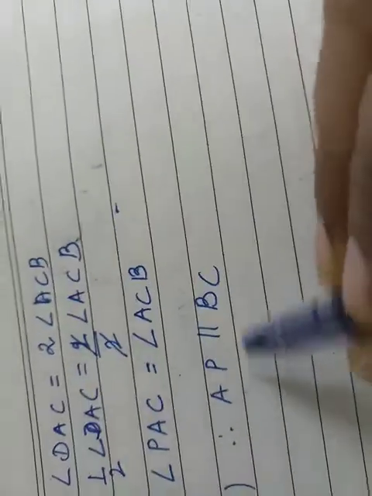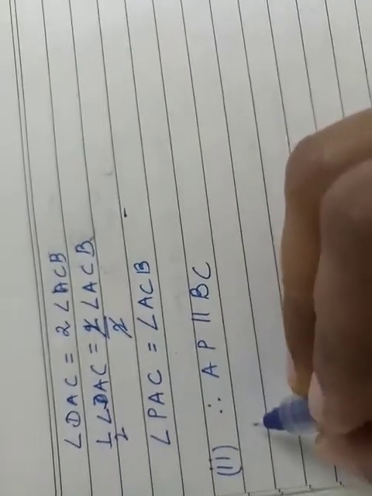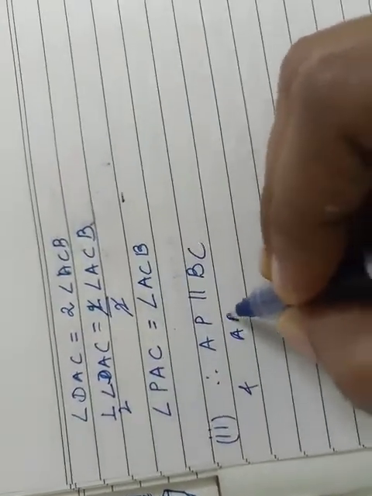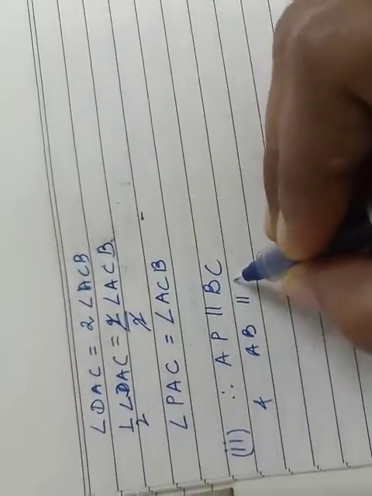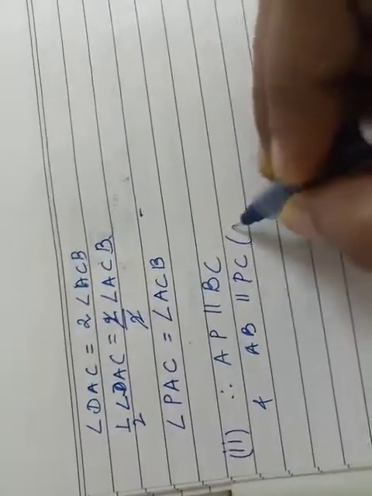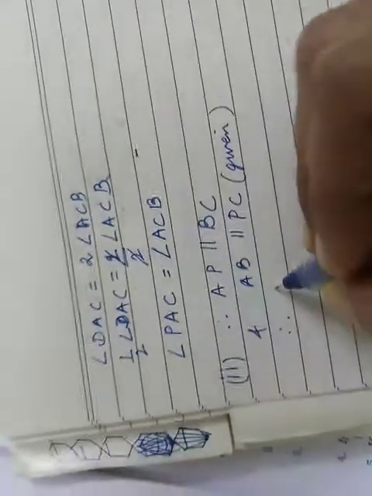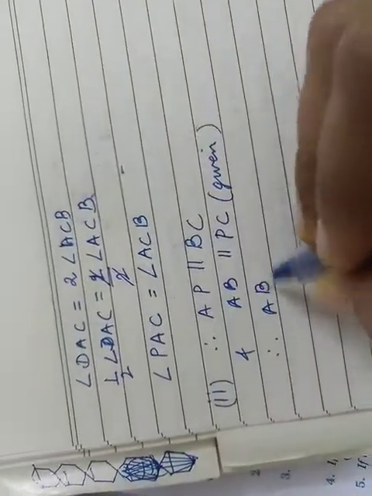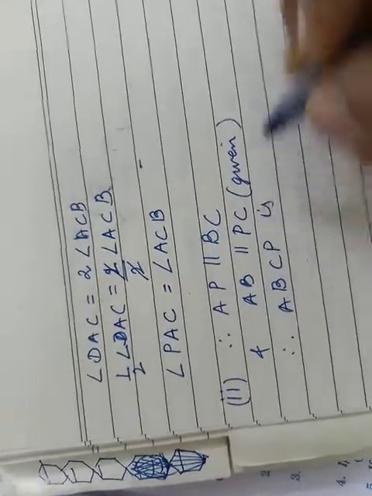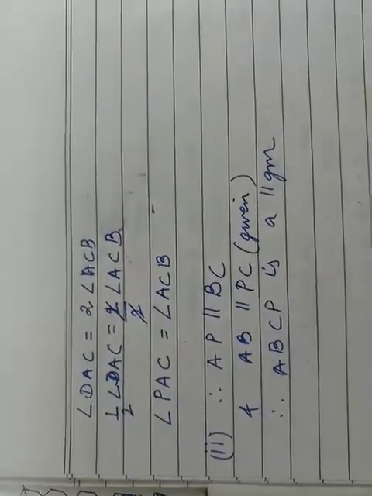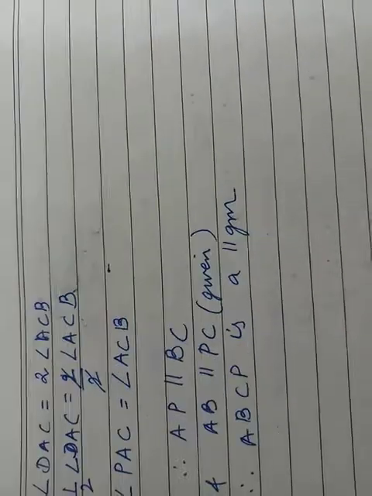So we write AP is parallel to BC. And what is given? AB is parallel to PC. It's given. Therefore ABCP is a parallelogram. So this way we are going to write the solution.